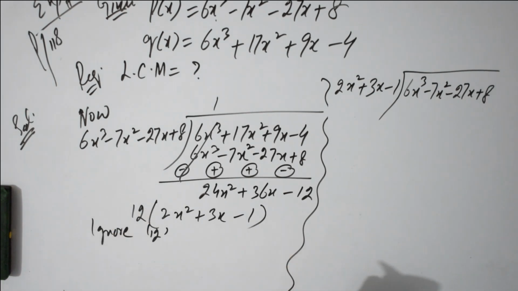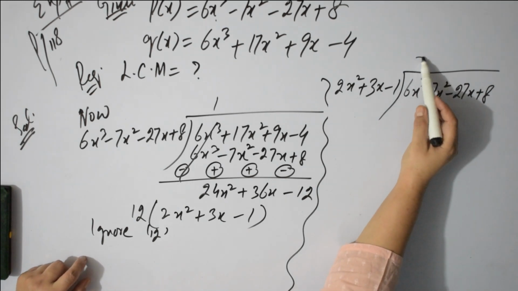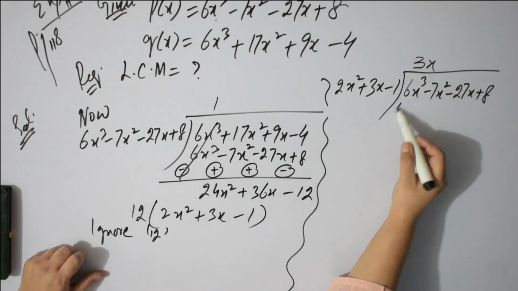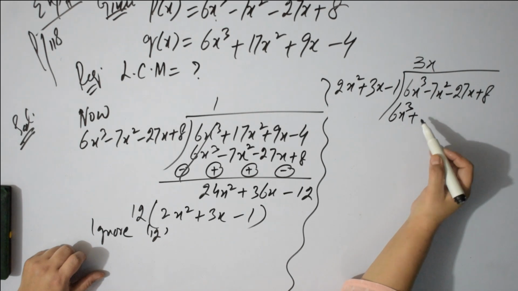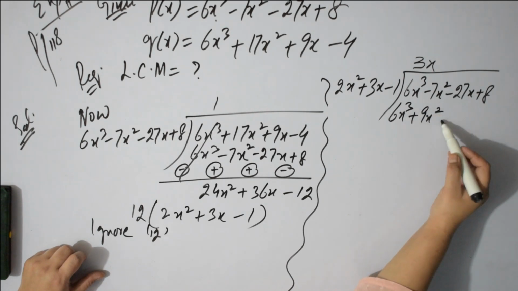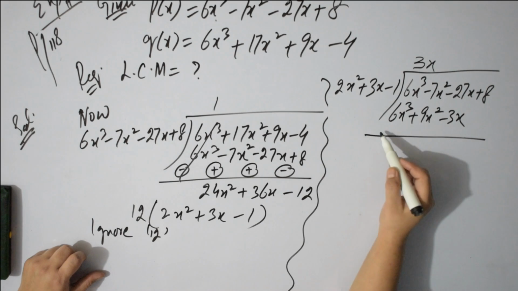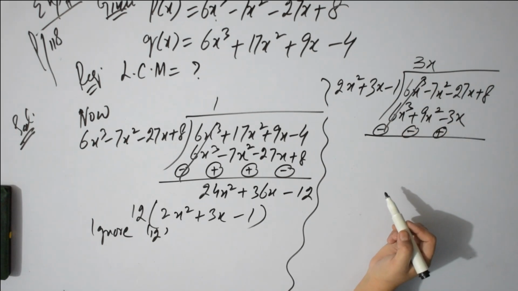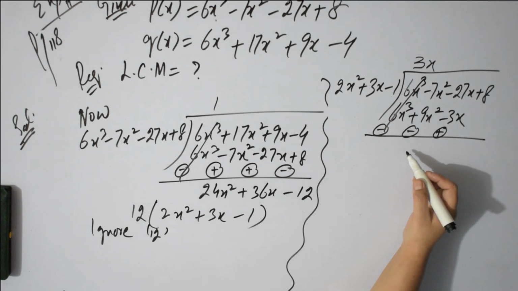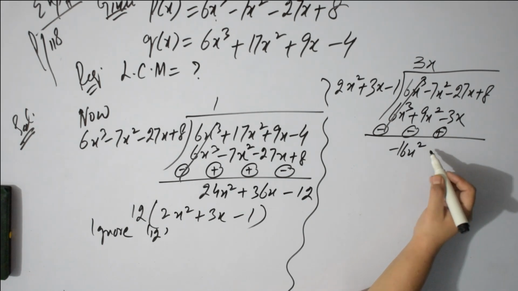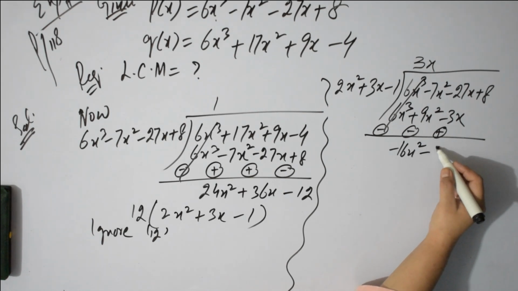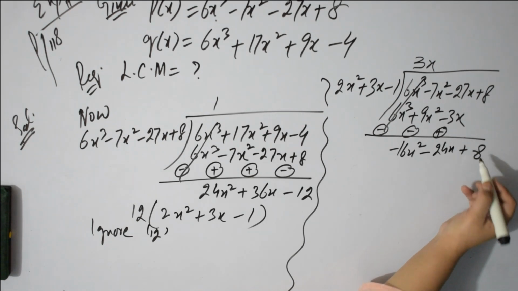So 2x square plus 3x, how many times? It's 3. 2 3s are 6x cube, plus 3 3s are 9x square, minus 3x. So what is left? 9 7 minus 16x square, and plus minus minus, and the sign of greater value, plus 8.